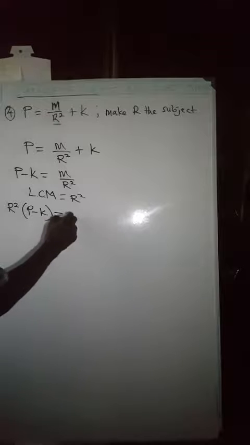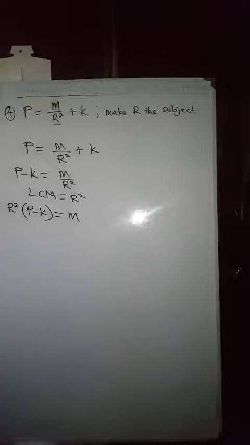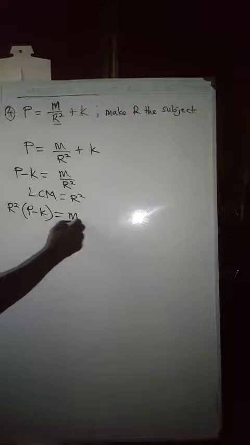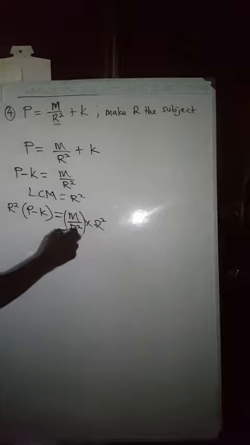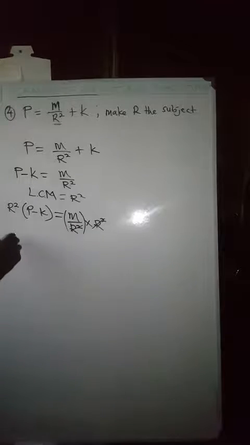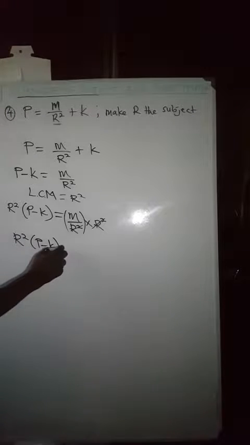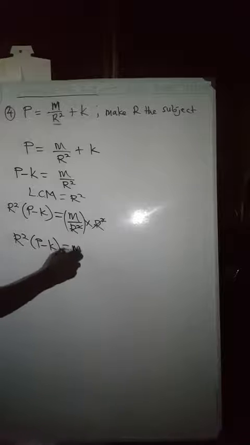All is equal to what? M out of R squared times R squared. And this crosses out. So we have R squared P minus K is equal to M.